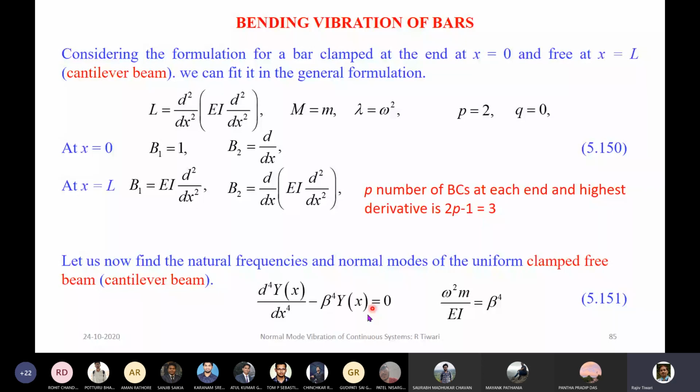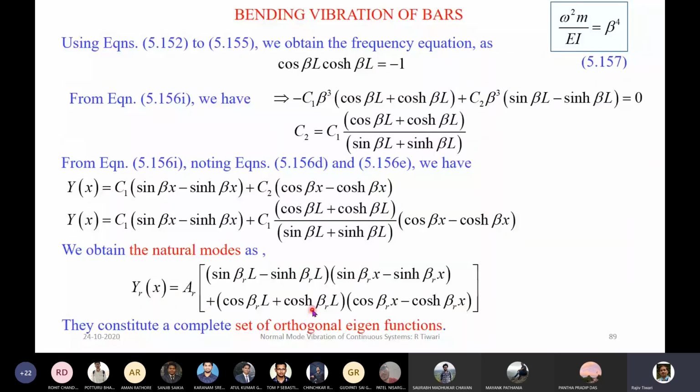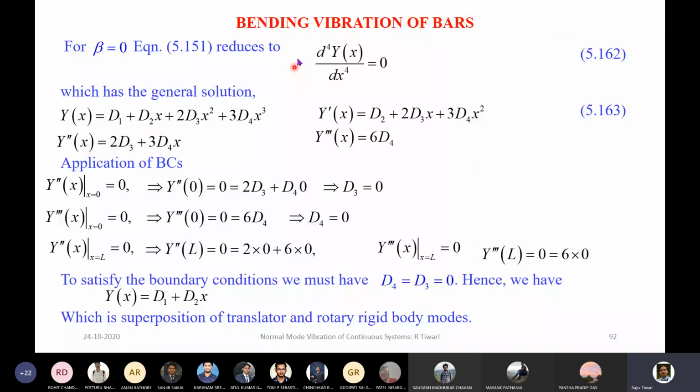So only the fourth derivative of y is equal to 0. I'm writing in the next slide here. So beta is 0, so that equation becomes this. Now I can integrate this and get an equation like this.